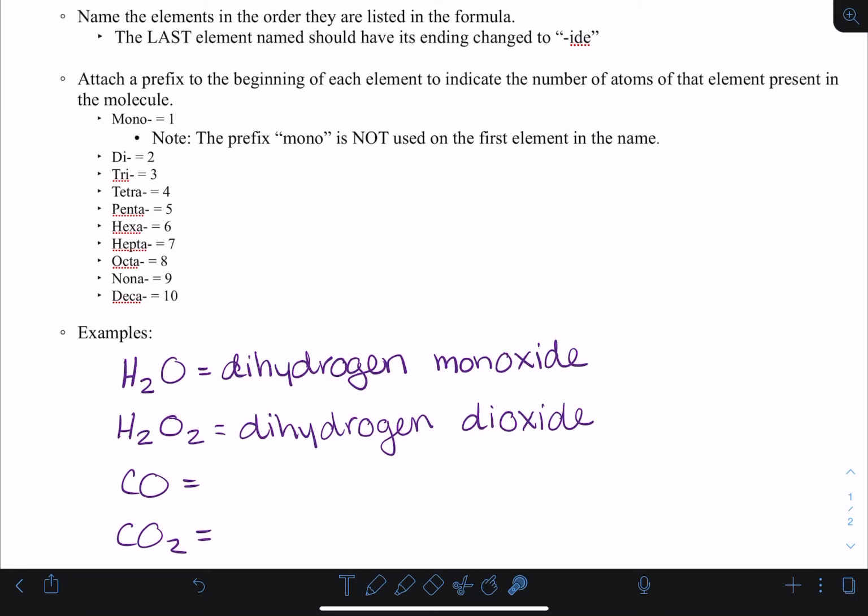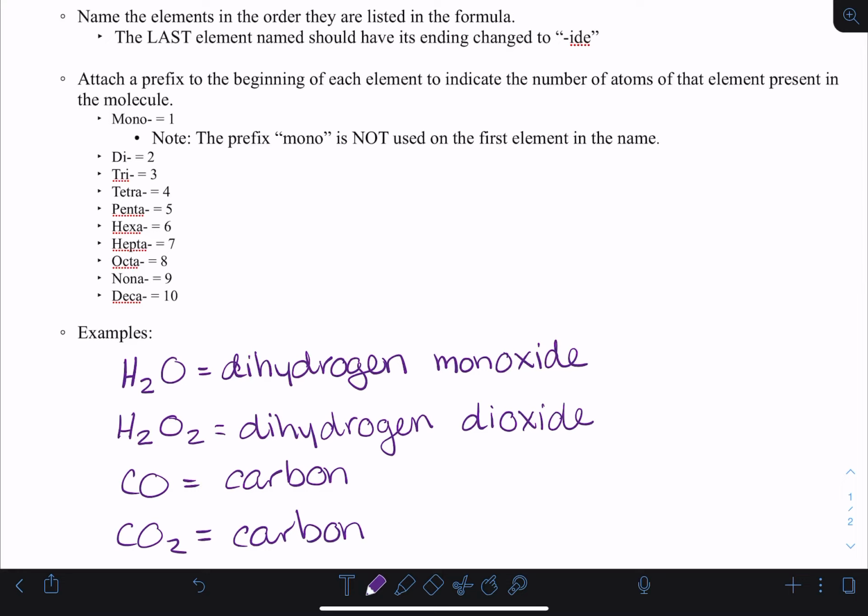So one is the prefix mono, but we do not include the prefix mono on the first element in the name. So we're not going to say monocarbon. We're just going to say carbon. We leave that prefix off, just the mono prefix off, when we have only one of that first element.